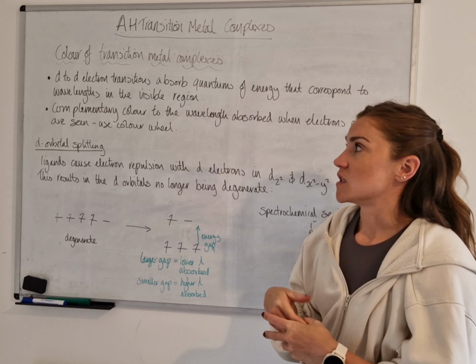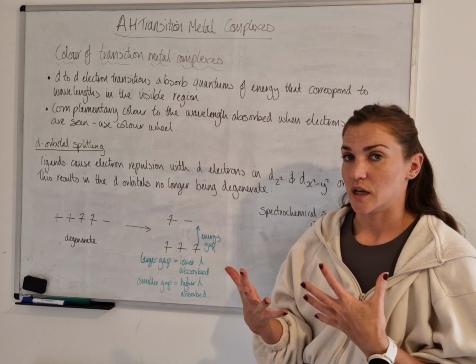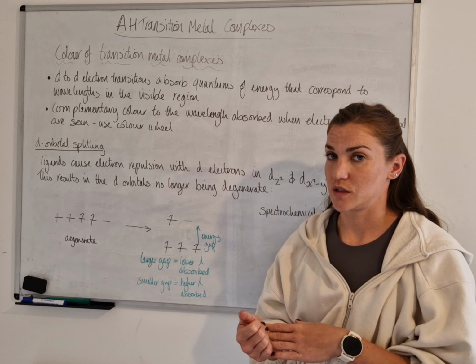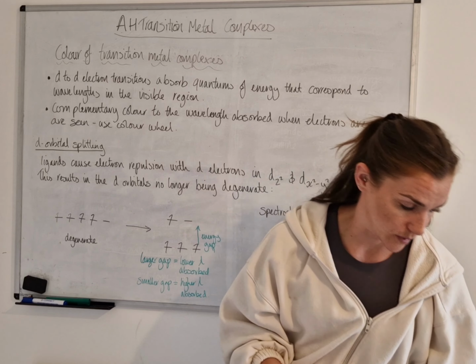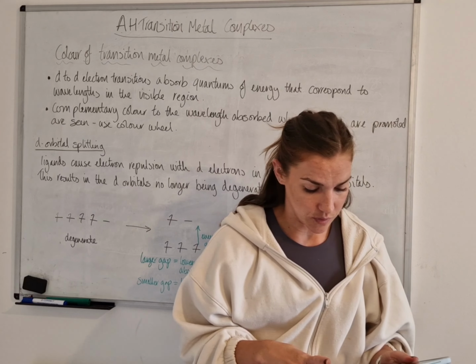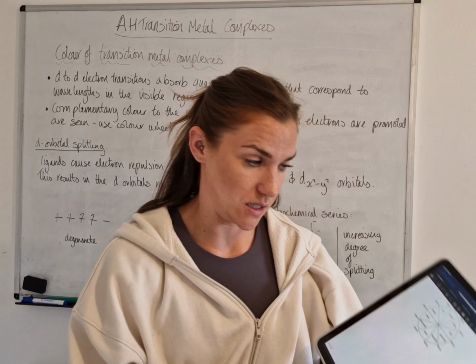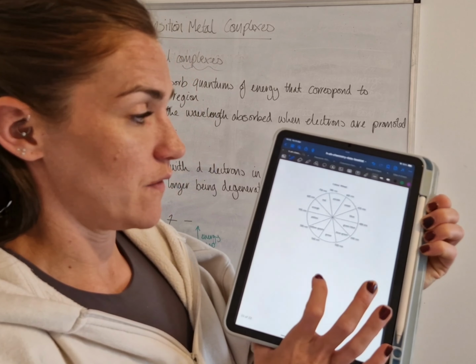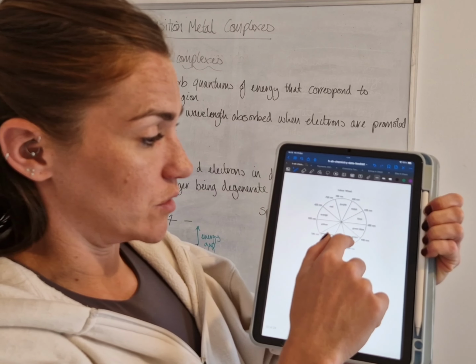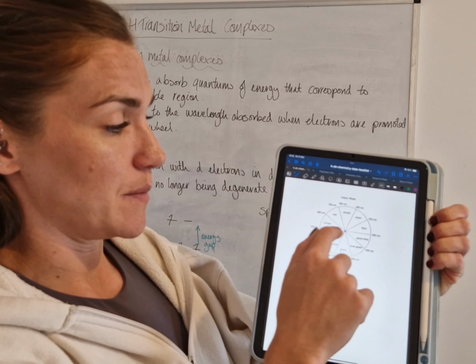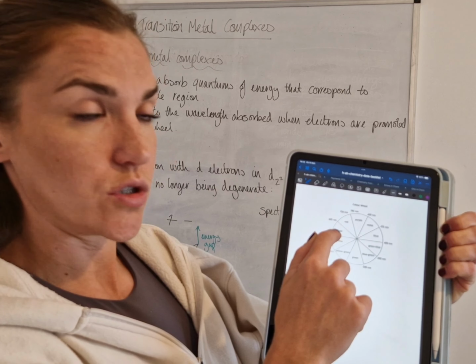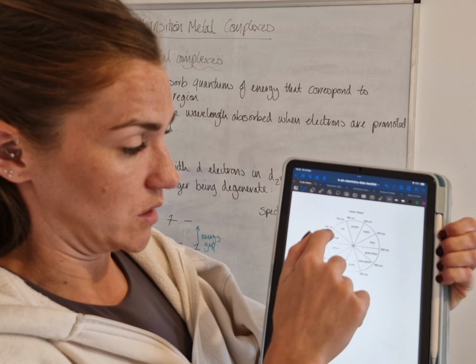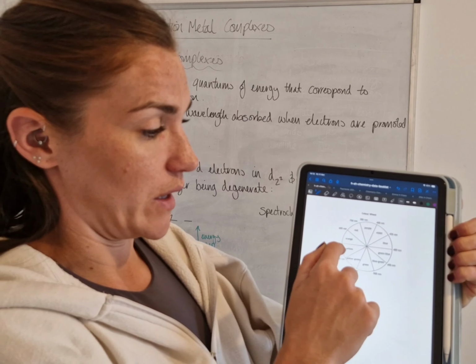So generally the colour that you see is the complementary colour to that on the colour wheel that is being absorbed. So for example, if I get my colour wheel on page 19 of the data booklet, if we have a substance that appears green-blue, then that means it will be absorbing orange light, which is a wavelength between 605 and 595 nanometres.